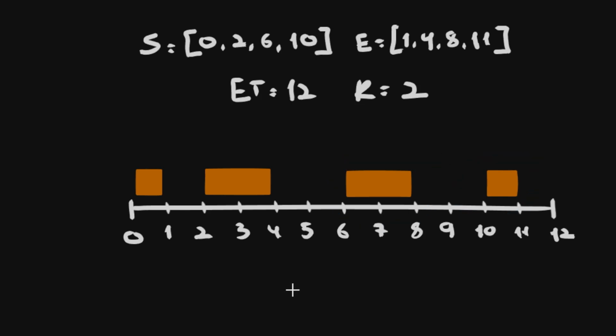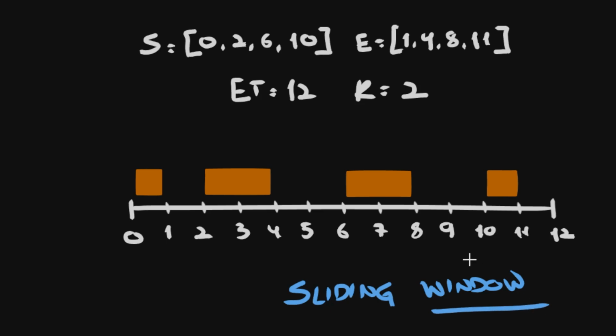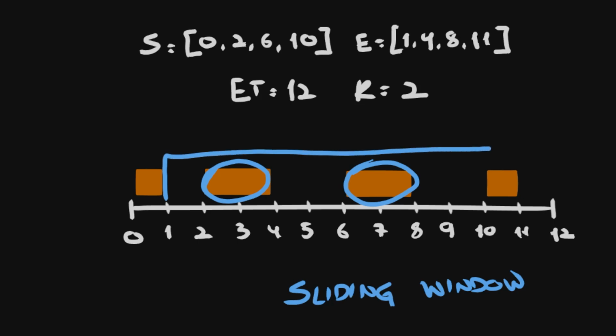So with this in mind, we can do sort of like a sliding window, where the window has a size of k plus spaces. So for example, if we take these 2 meetings, the window will have this size.